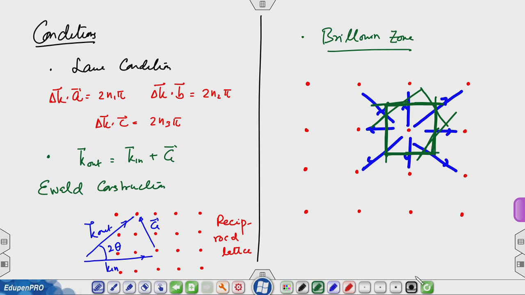Let me make it even thicker. This is known as Brillouin zone.